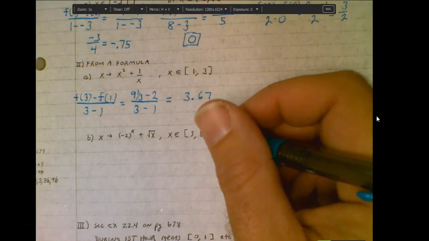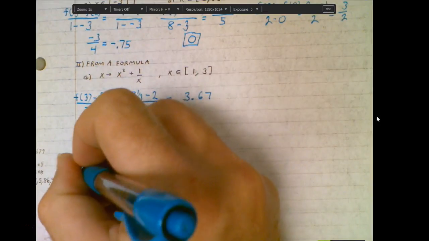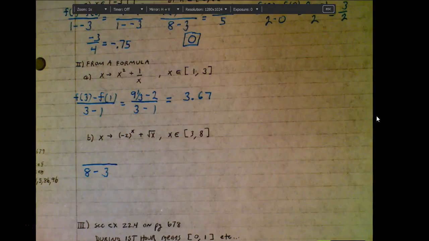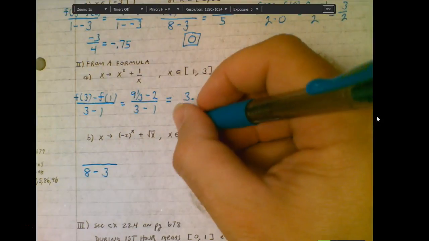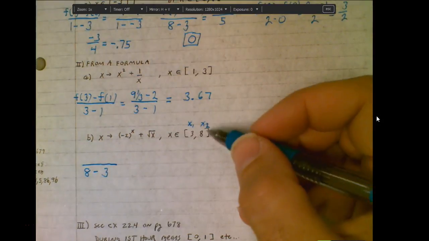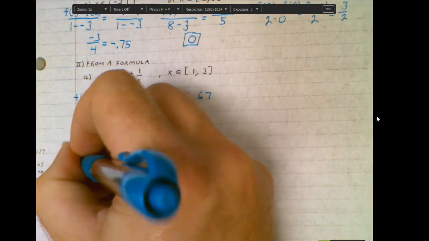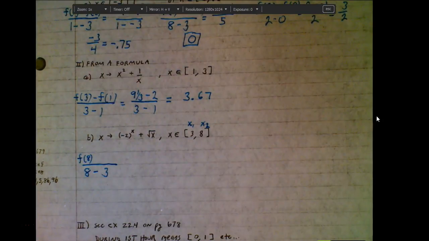So these are my x's from 3 to 8. So we're going to do x minus x on bottom. So again, this is like having x1 and x2. And to get the y values, if I plug 8 into the function, so I'm going to say f of 8 is going to get me his y value.